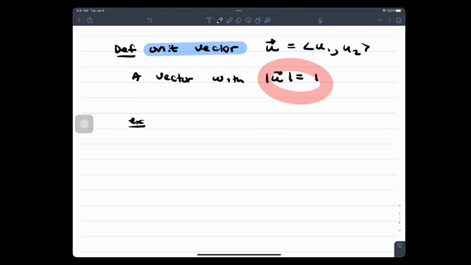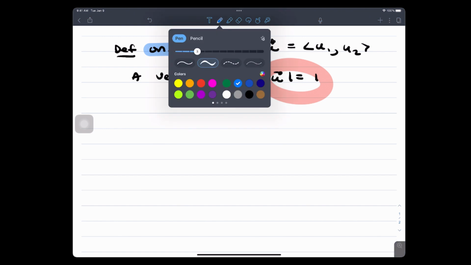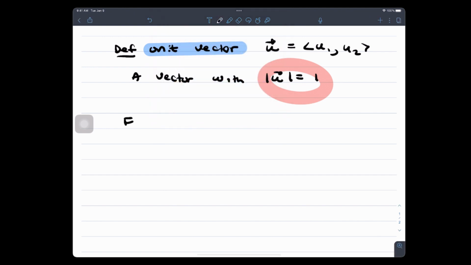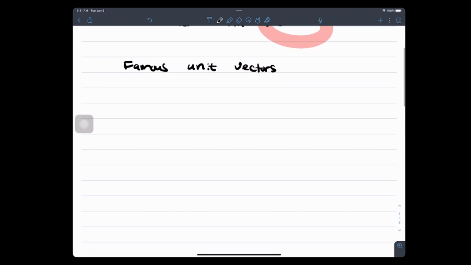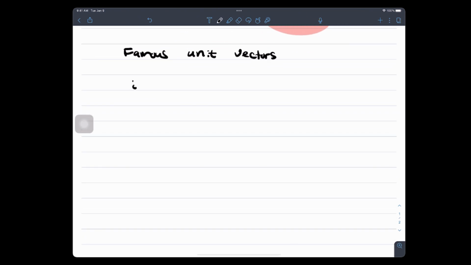Here's a fact: we have some very famous unit vectors. In this course, we'll have 2 very famous ones. They're so famous, they have their own letter.